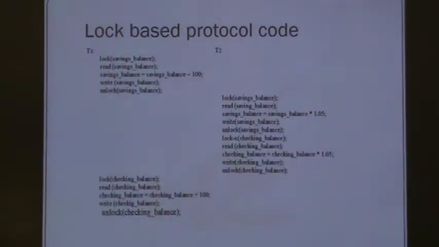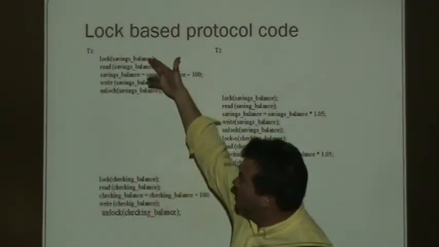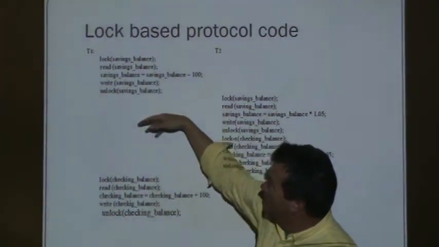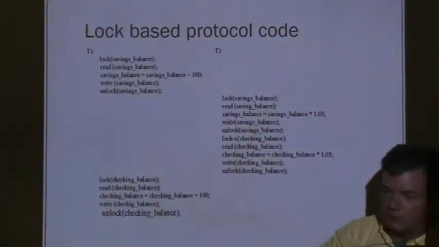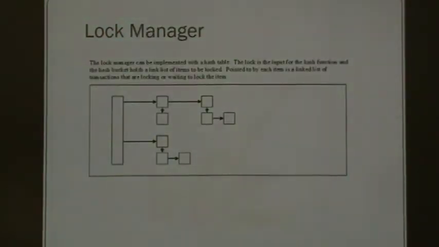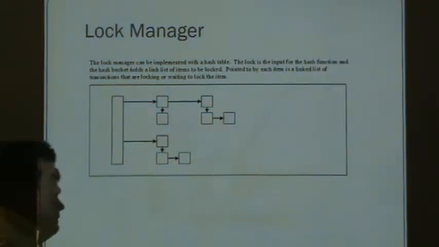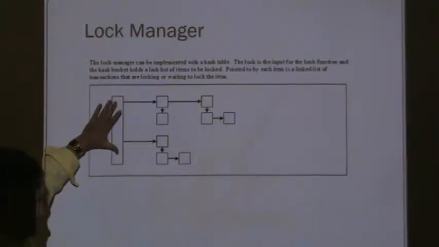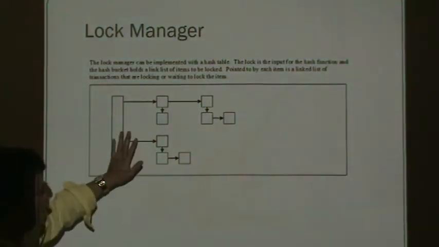So there's a couple ways we could handle the locking, but what I'm showing in this case is that just because the operating system gives you a locking mechanism does not mean you're guaranteed that your transactions will produce consistent data. You still have to use the locks correctly. And the locks are generally run through a lock manager part of the database, so it's usually done through a hash table, because we want to do lookups very quickly on whether an element is locked or not.